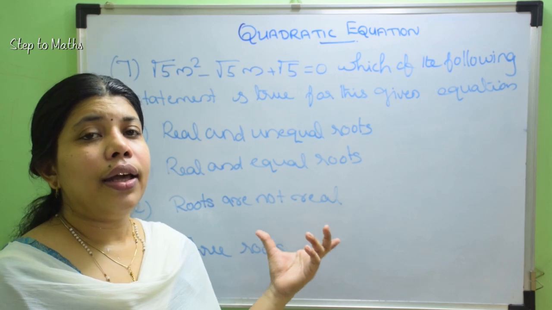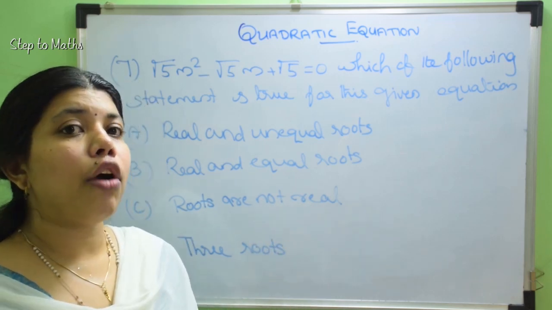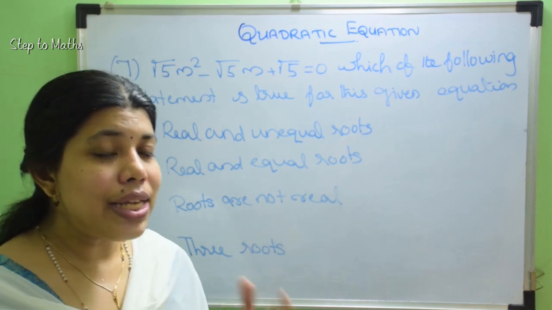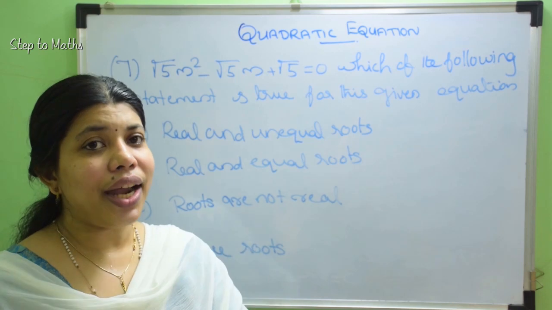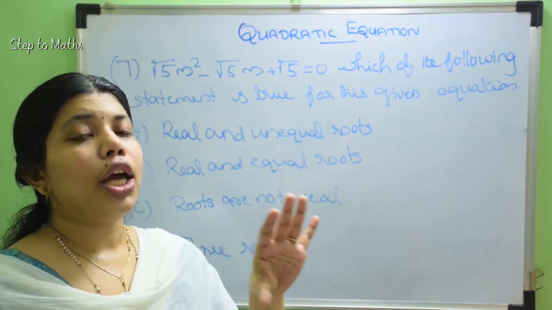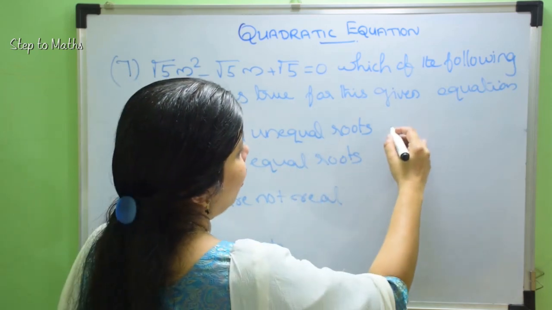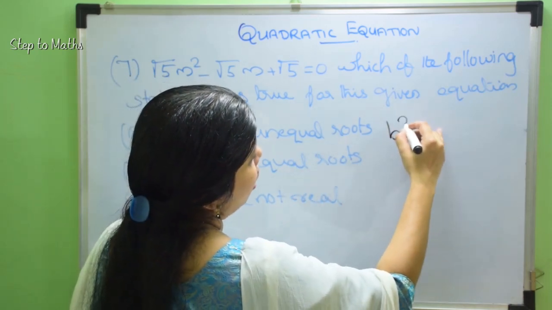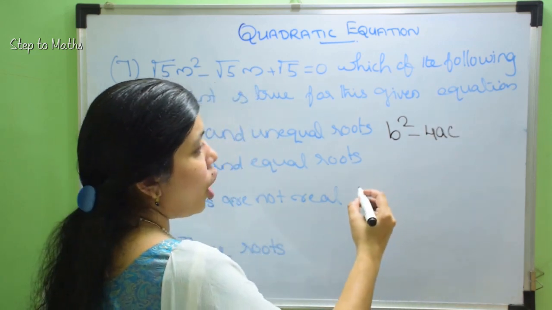To find the nature of roots of a quadratic equation, we have to find the value of the discriminant. Depending on the value of the discriminant, we decide its nature of roots. So find the value of the discriminant, which is b square minus 4ac.